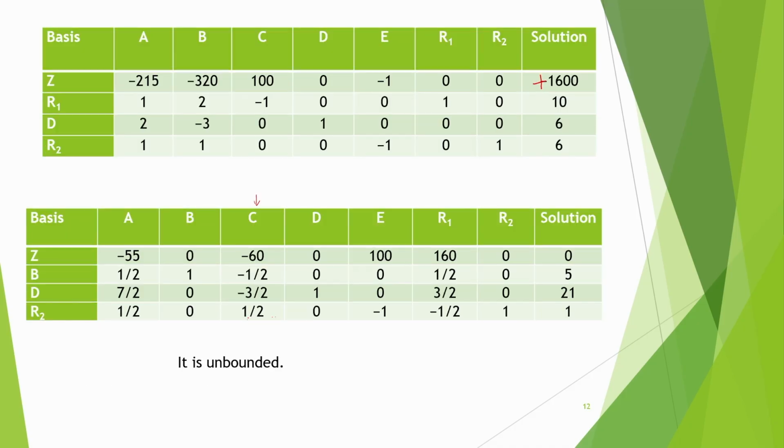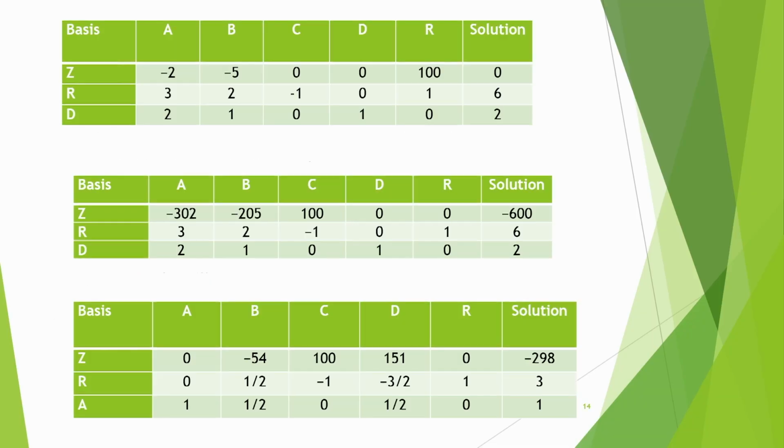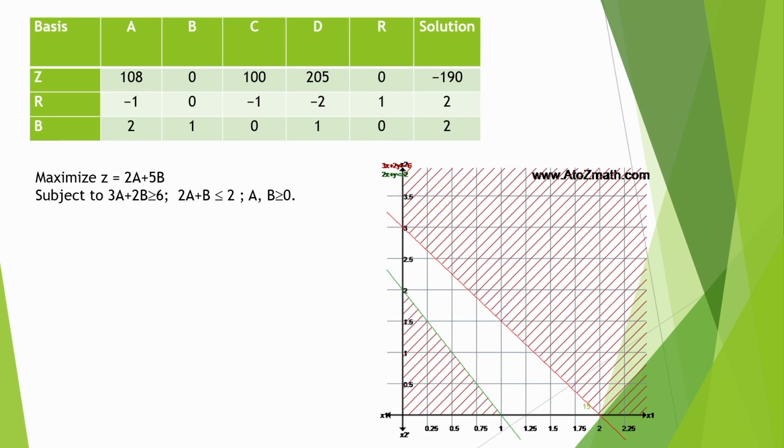I keep solving and go through many iterations, but finally I am still getting a solution in which r is remaining. If r is remaining, it is an infeasible solution.